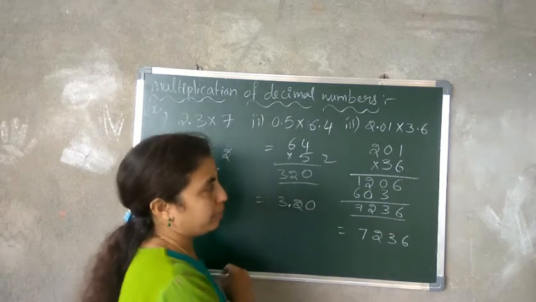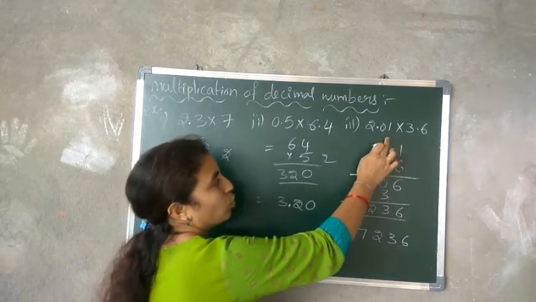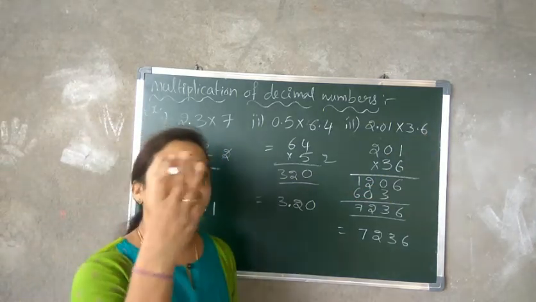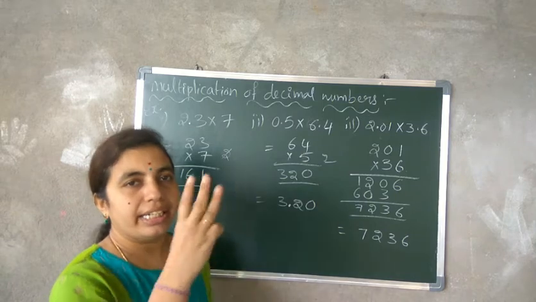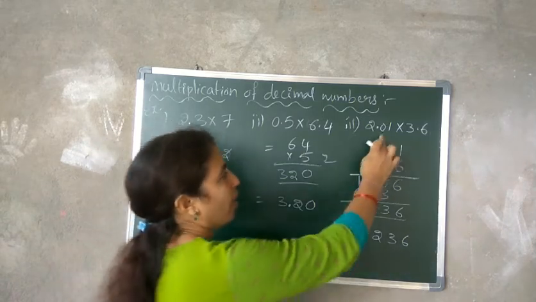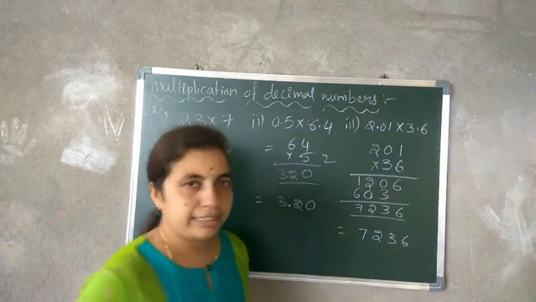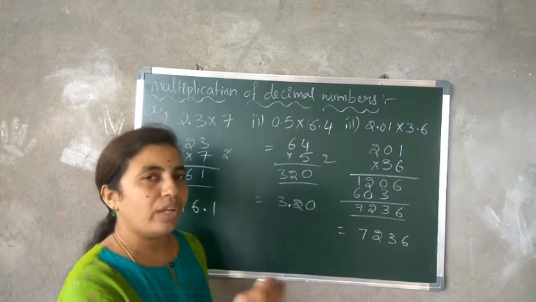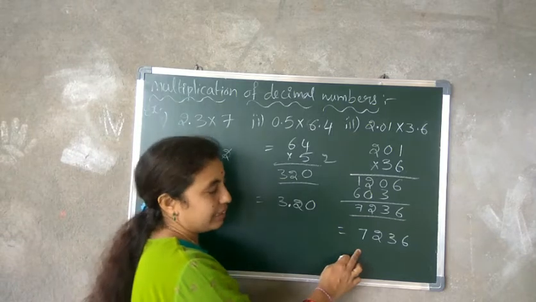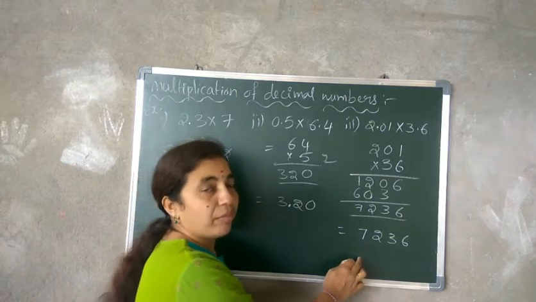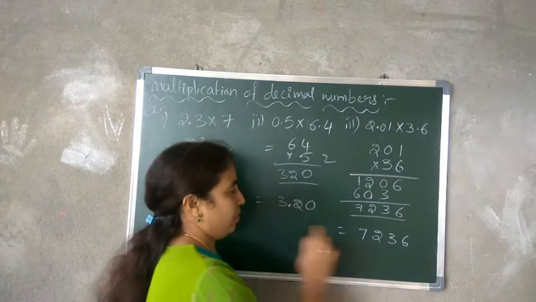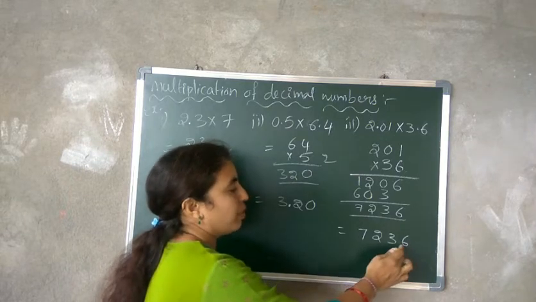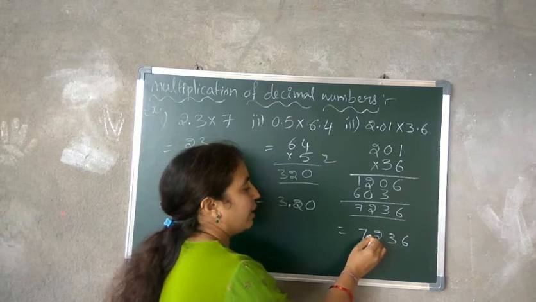Now count the number of decimal digits. Here 1, 2, here 1 more. So totally how many decimal digits do you have? 3 decimal digits. Don't forget that. So you have to count 3 decimal digits from right to left in the final answer 7236: 1, 2, 3, and then place the point.